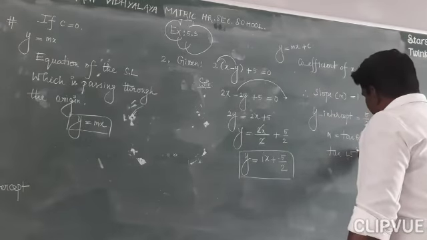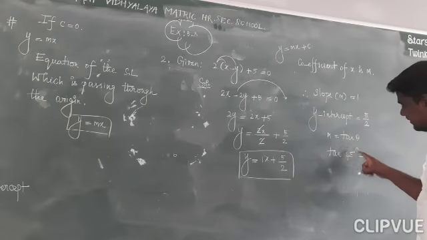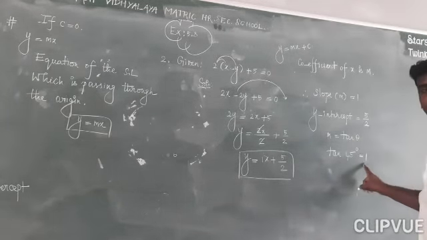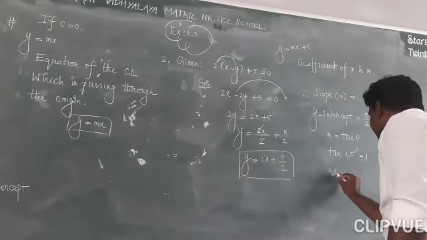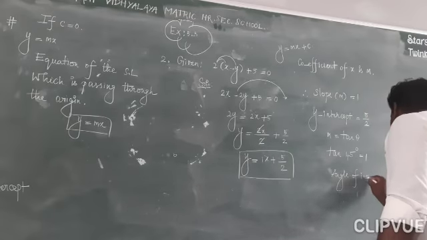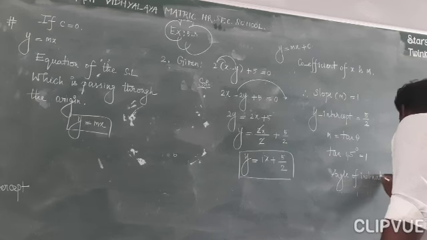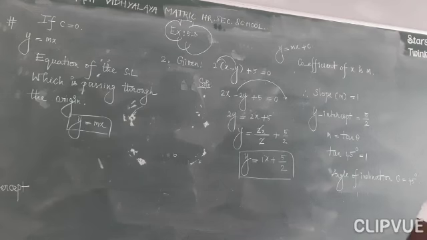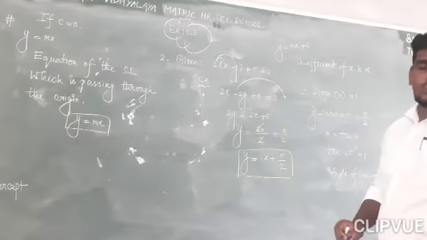So here theta is equal to 45 degree, m is equal to 1. So the angle of inclination theta is equal to 45 degree.